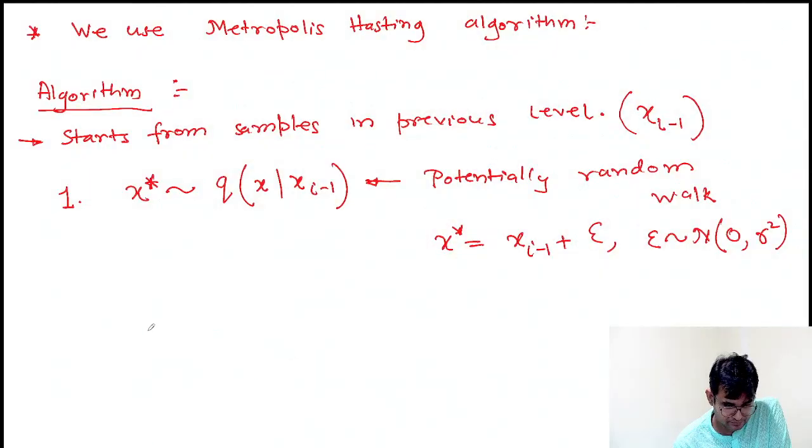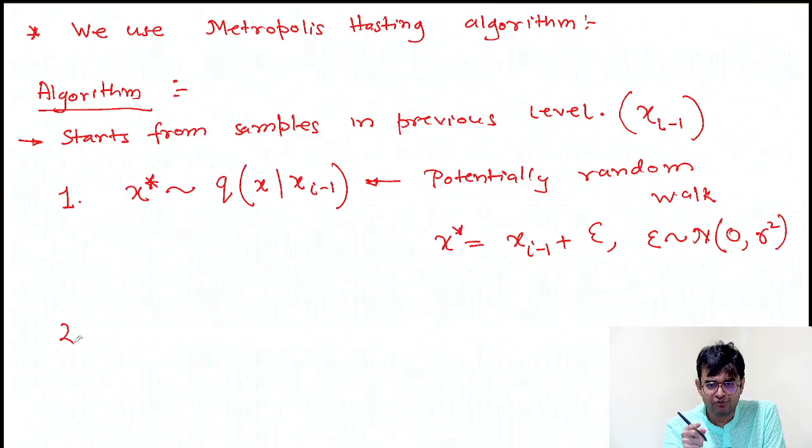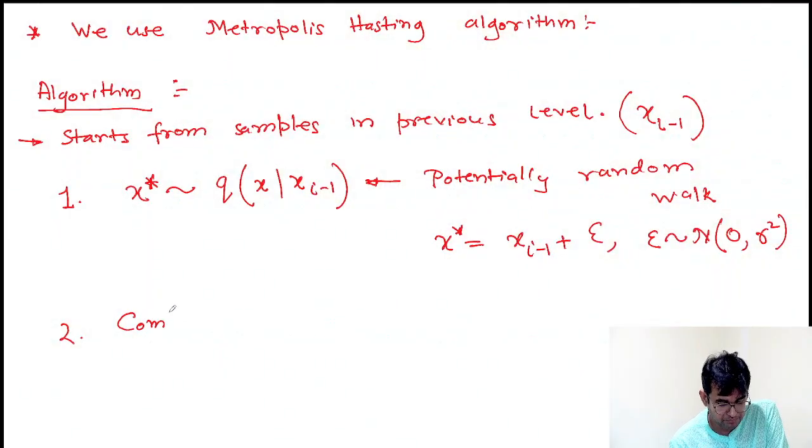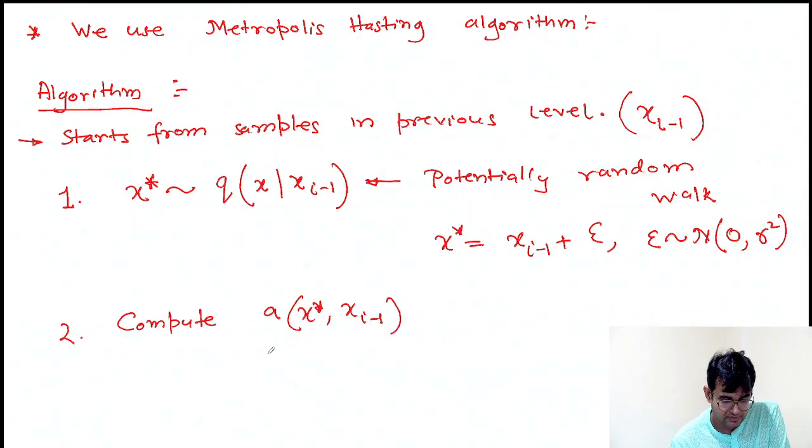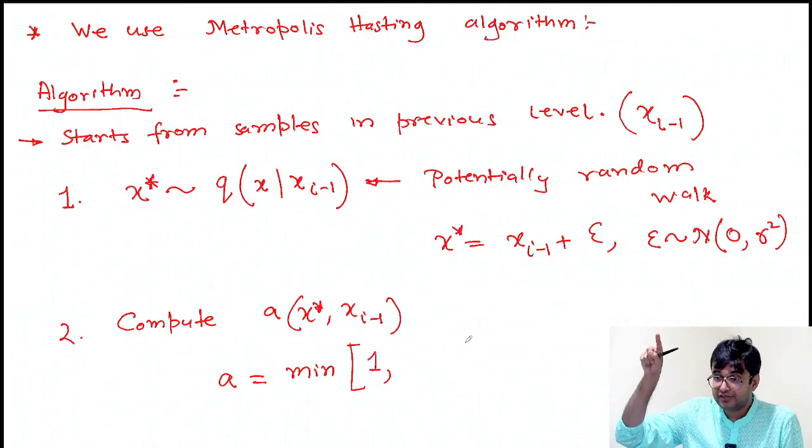Step 2, you compute something known as the acceptance ratio. Compute A of X star comma X I minus 1. The acceptance ratio is equal to the minimum of 1 comma the ratio of the distribution from which you want to sample. What is the distribution from which we want to sample?